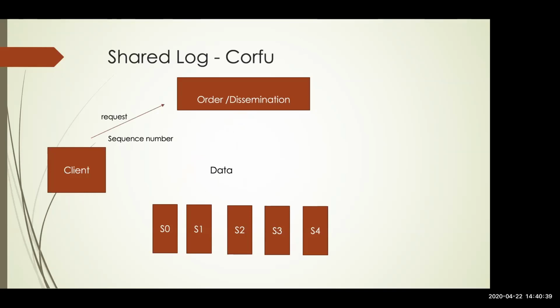Then the ordering layer sends back a sequence number to the client. And then the client directly sends data to the shards using the sequence number. Thus the ordering layer doesn't come in between the client and the shards, so it doesn't act as a bottleneck here.